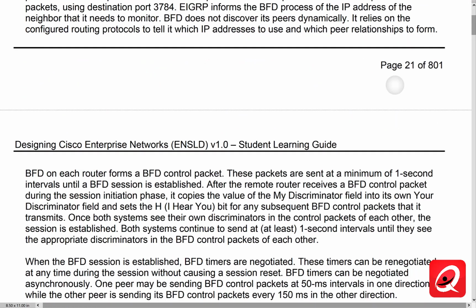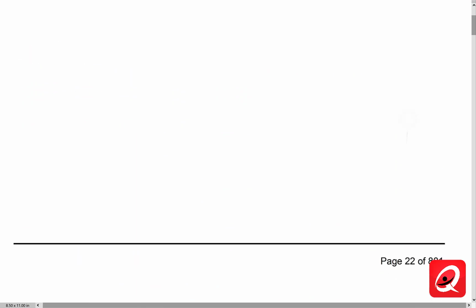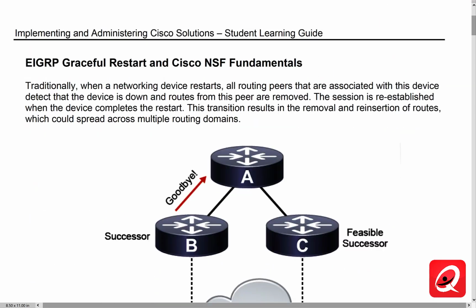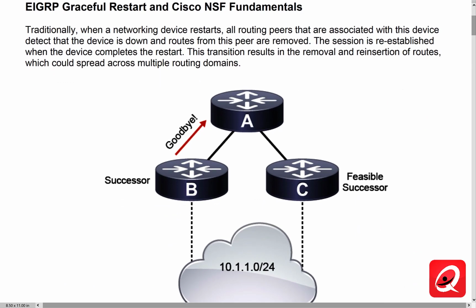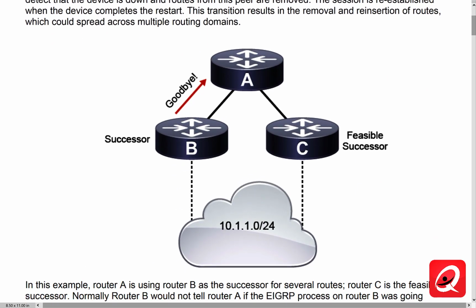All right. So there are some other features that we can implement as well to help speed up convergence. Two of these things are Graceful Restart and what we call Non-Stop Forwarding. Okay. EIGRP Graceful Restart introduces support for something called non-stop forwarding. And the basic idea is this. There is a device with two route processors, maybe even running some sort of multi-layer switching.